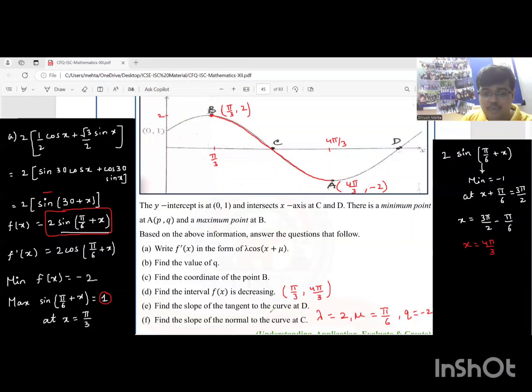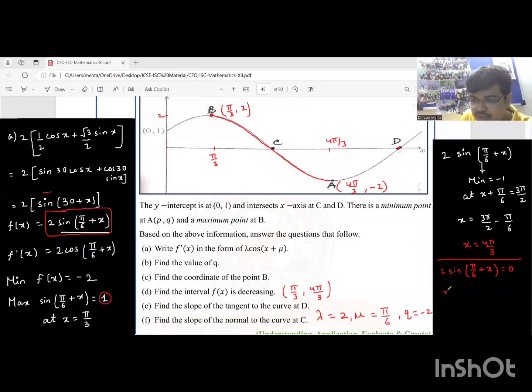Now, students, we have to find the slope of tangent to the curve at this point D. Do you understand, students? D is on the x-axis. We have to figure out the coordinates of D and then the slope of tangent. Now, to find D, the y coordinate will be 0 because it is on the x-axis, which means 2 sine of pi by 6 plus x is equal to 0. So sine of pi by 6 plus x is 0, and we know that sine is 0 at 0 degrees, 360 degrees and pi.